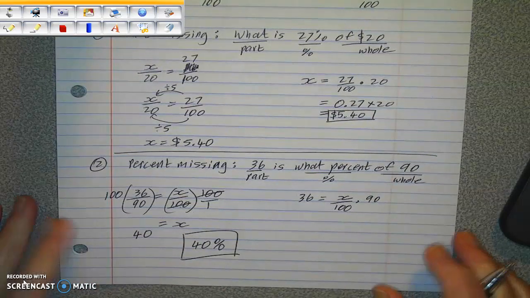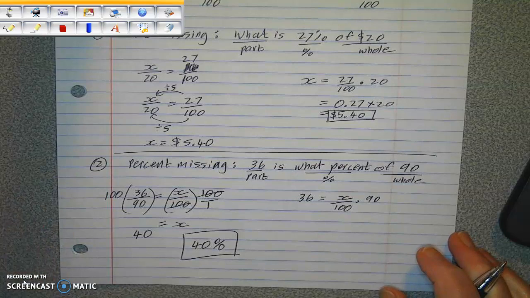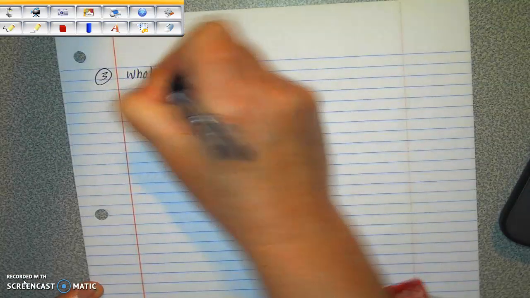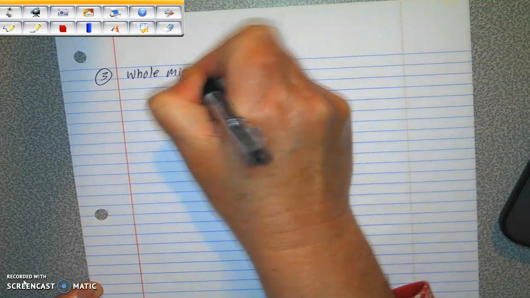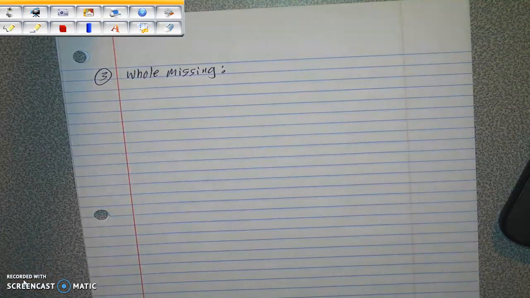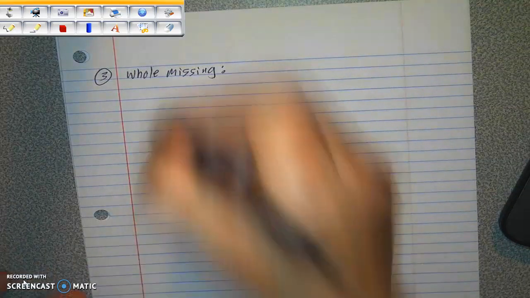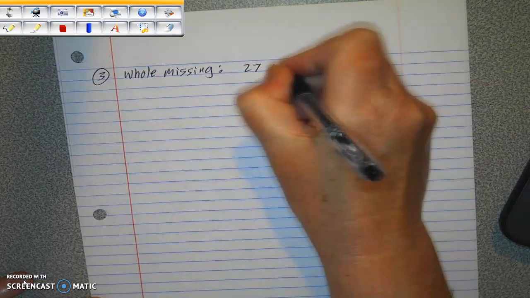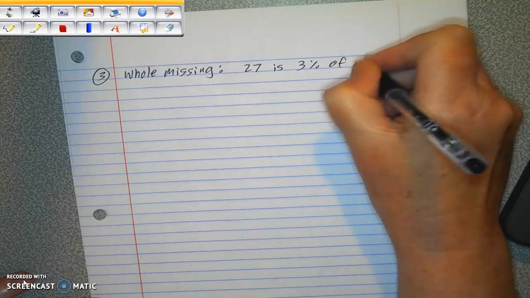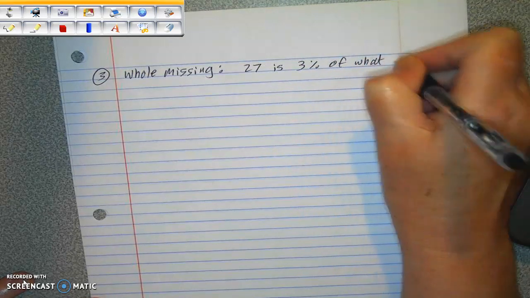Okay, the last thing that can be missing, so we've done the part missing, we've done the percent missing, we're now going to do the whole missing. We're going to do 27 is 3% of what number?